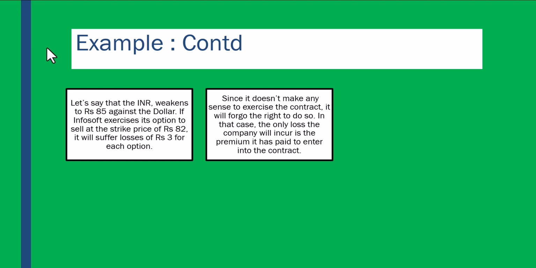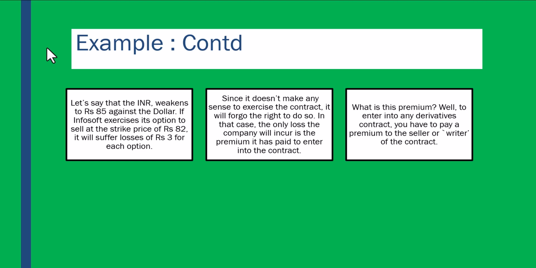In that case, the only loss the company will incur is the premium it has paid to enter into the contract. They're happy because when they bring the money, their money is going to grow, so they don't require a hedge. But since they have already taken a hedge and paid a premium, they will not exercise the put option, let the option expire worthless, and lose only the premium.